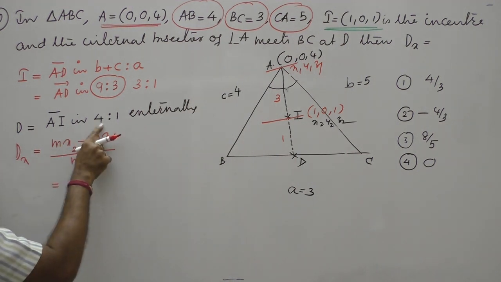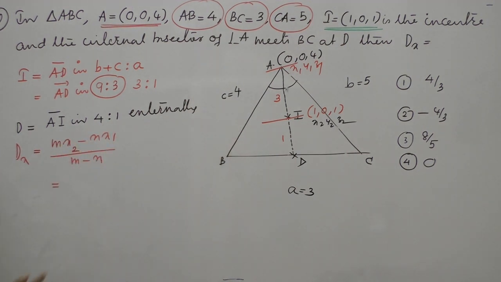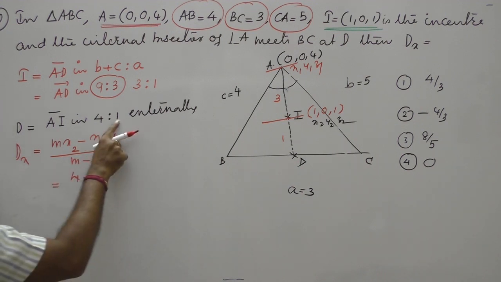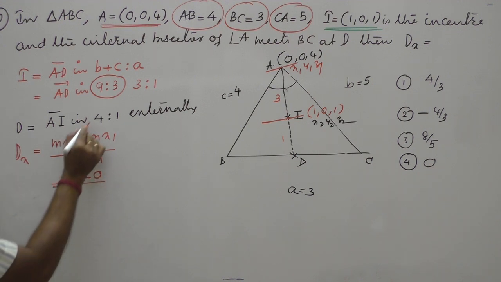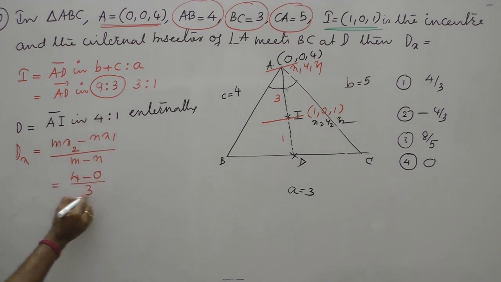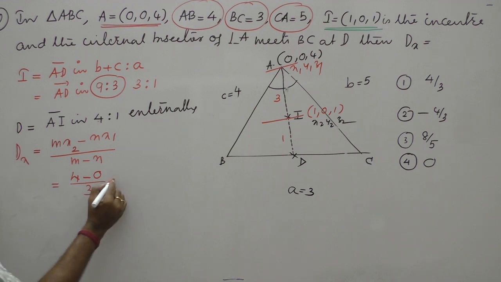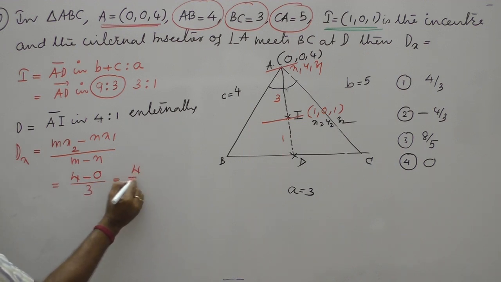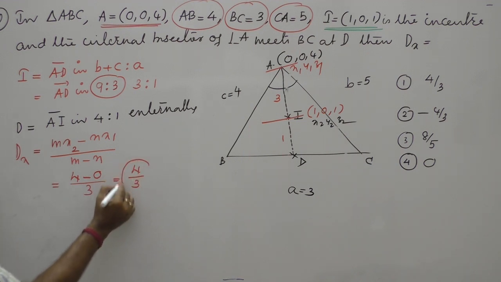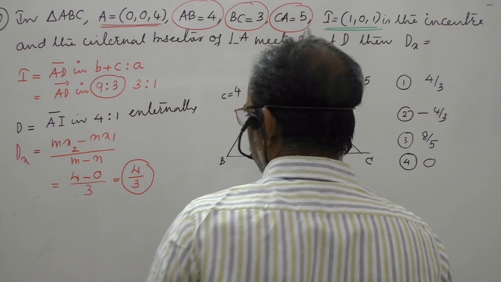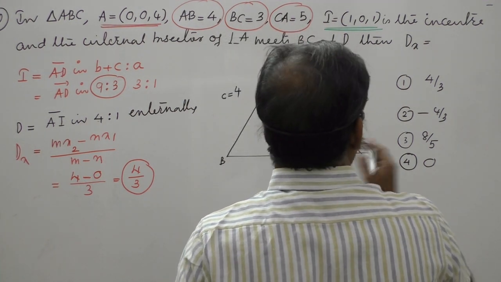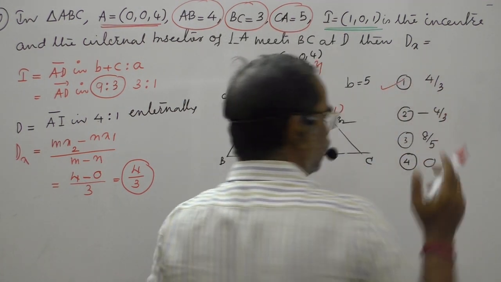What is mx2? 4 into 1, 4, minus nx1, 1 into 0, 0, divided by m minus n. It is what? 3. That's all. Therefore, this is 4 by 3. He asked only Dx, that is the x coordinate of D. I have found that, which is 4 by 3. Therefore, first option.